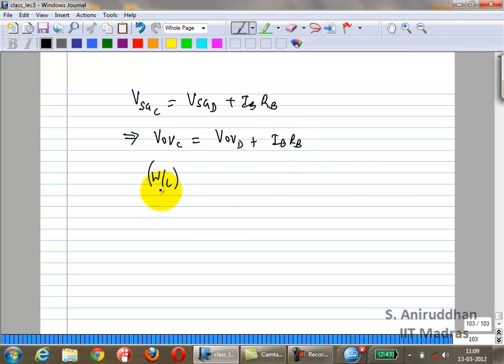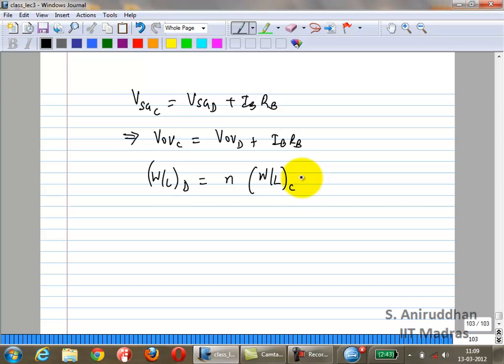What else do we know? W over L of D is N times W over L of C, and IB is the same current which flows through both these devices, right?